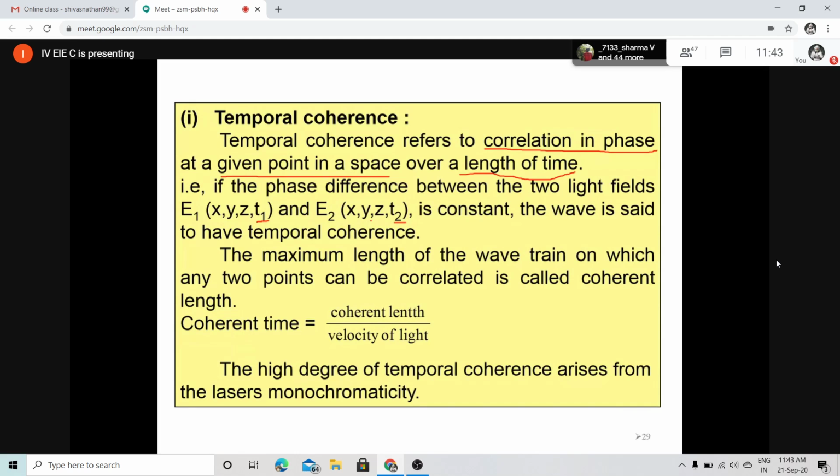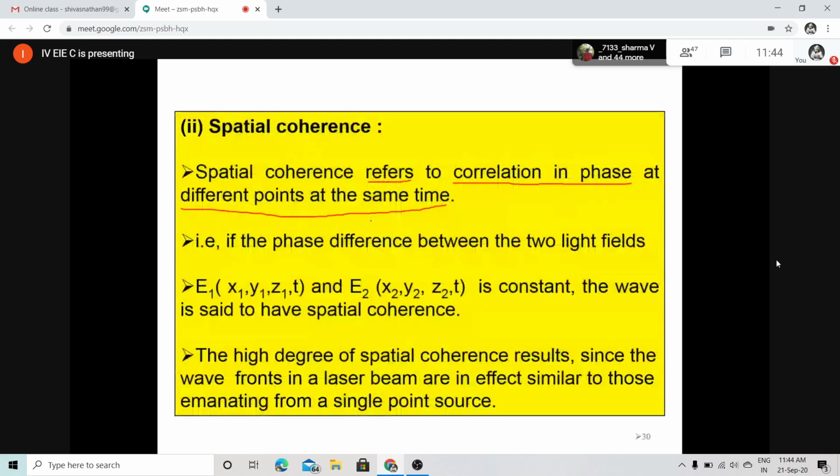Whereas in spatial coherence, you might see that it makes a comparison between different wave fronts. So we will have similar wavelengths, but different photons will be associated. If I have an array of photons of similar wavelength produced, I will compare all the x1, y1, z1 with x2, y2, z2, with x3, y3, z3, but at the same time interval.